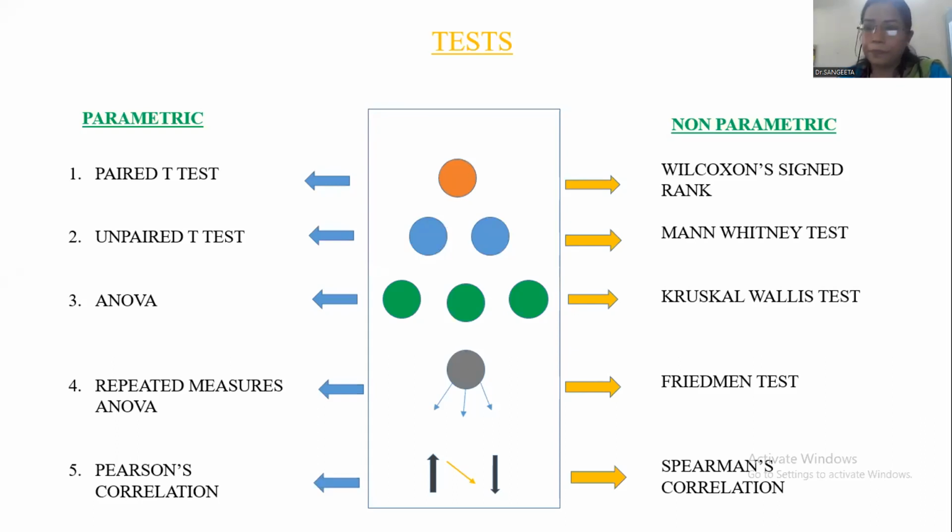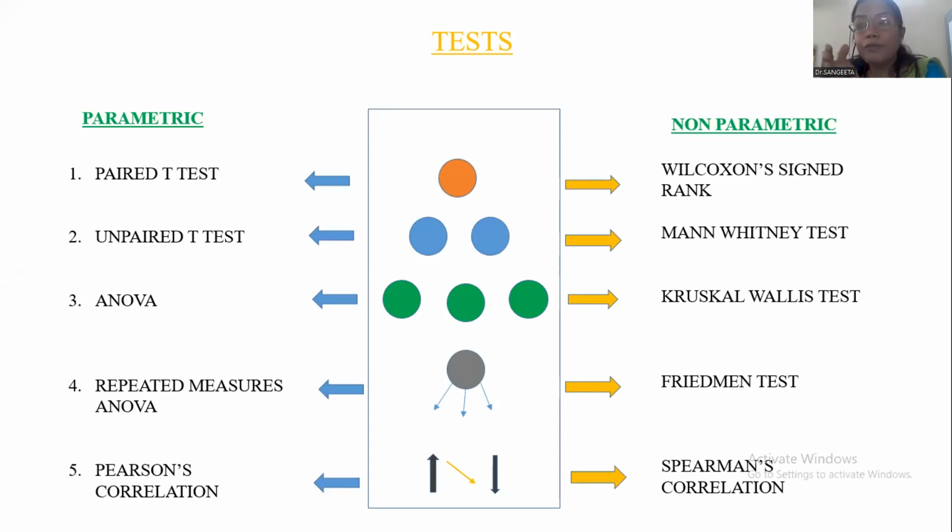So the first example is a single group. You are doing pre-test and post-test. Like, say, pranayam, whether pranayam is having an effect on the heart rate. So you are checking the heart rate before and post the pranayam. So this is a single group study, right?